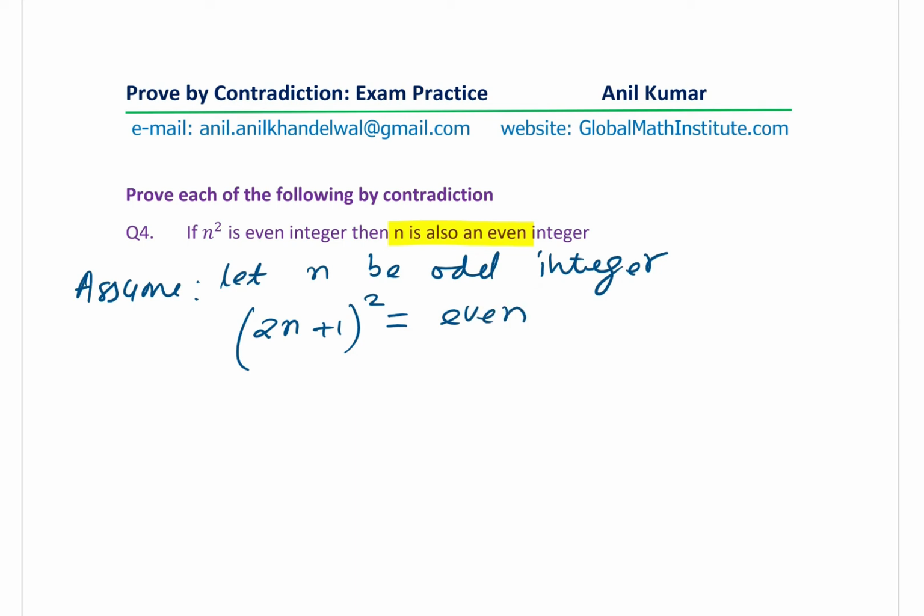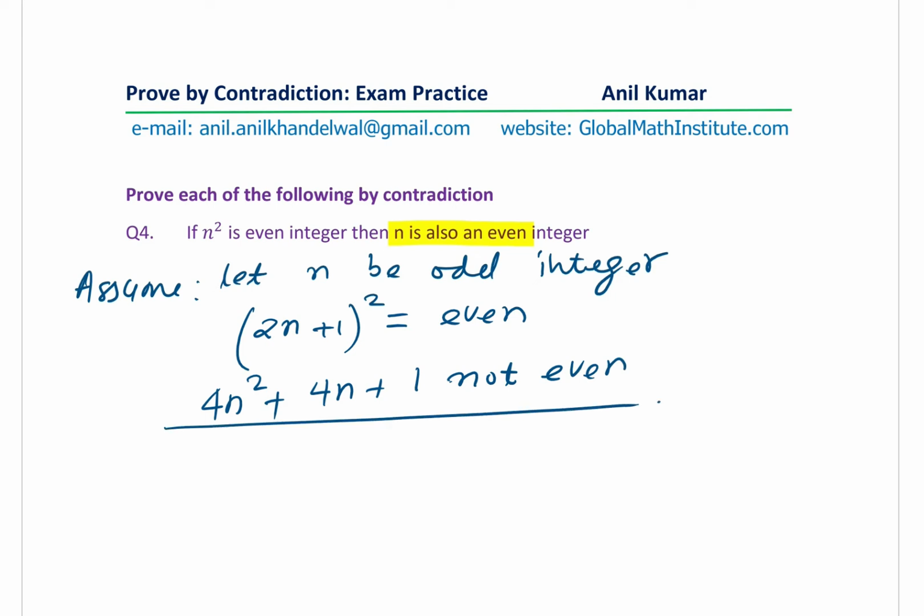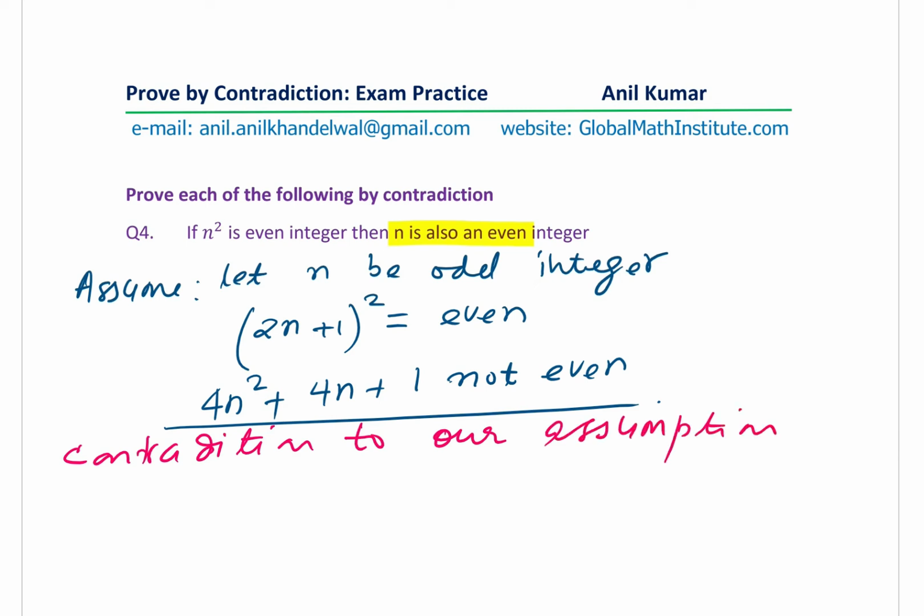But when you really open this up, what do you get? You get 4n squared plus 4n plus 1. Well, that is not even. Perfect. So it is not even. That means a contradiction to our assumption. Clear?